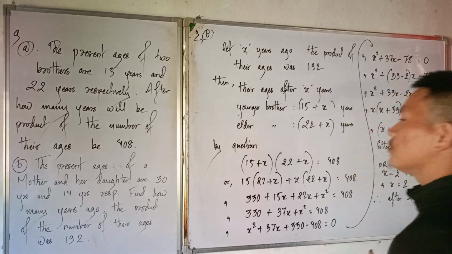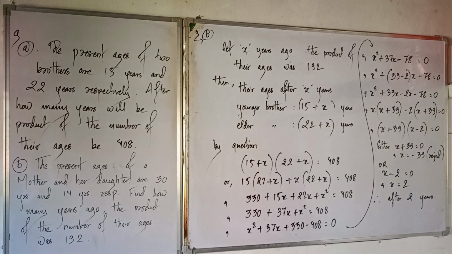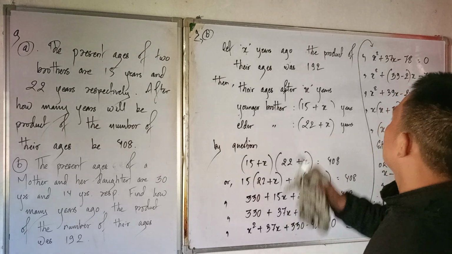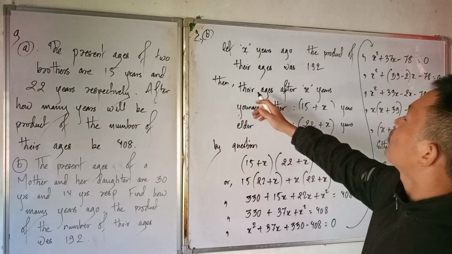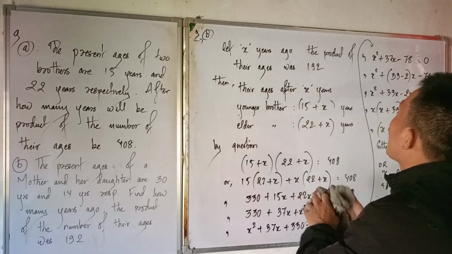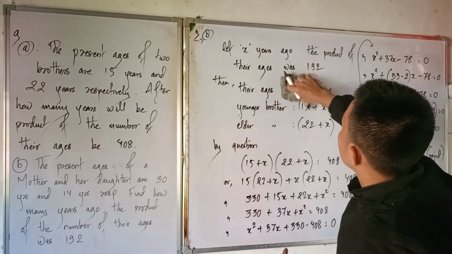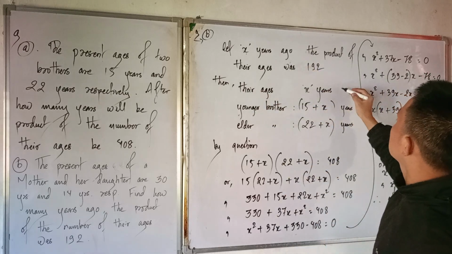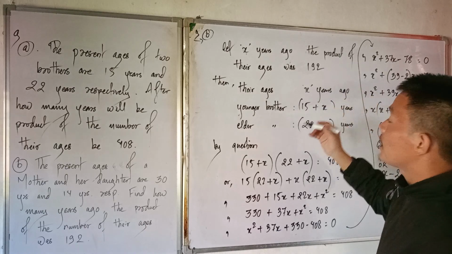So the present ages of a mother and her daughter are 30 years and 14 years respectively. How many years ago was the product of their ages 192? So I have modified the initial statements. Now, what will be their ages X years ago?